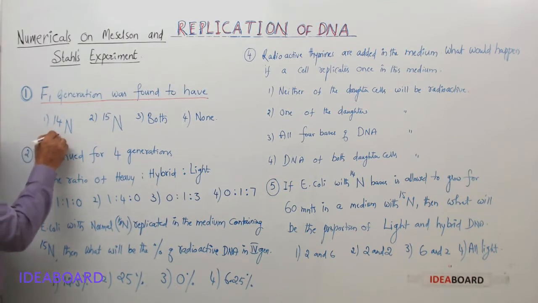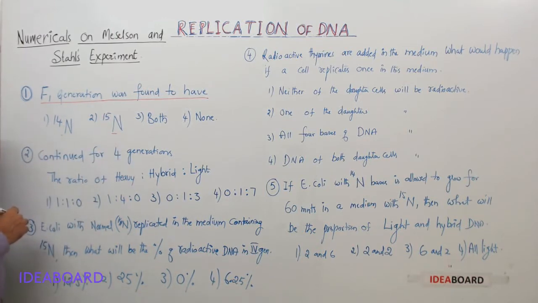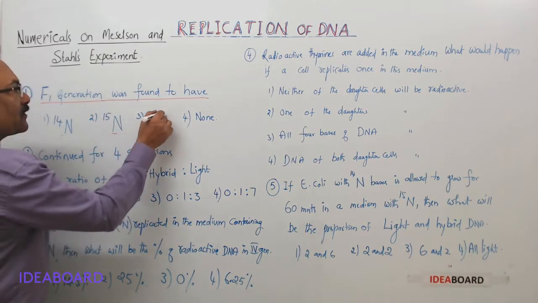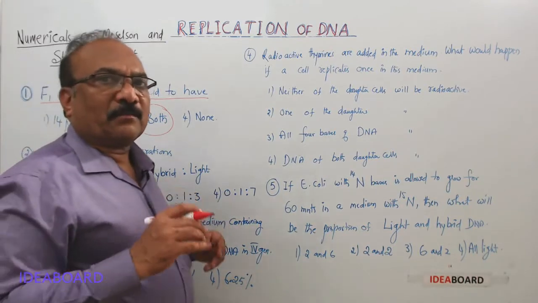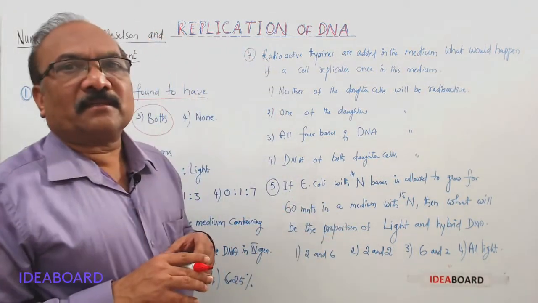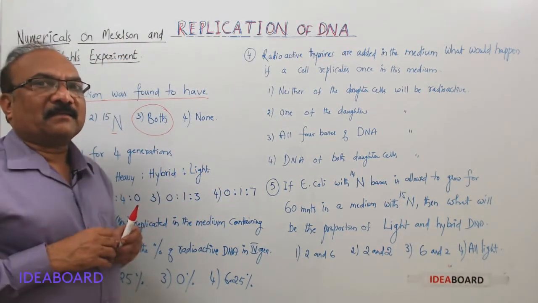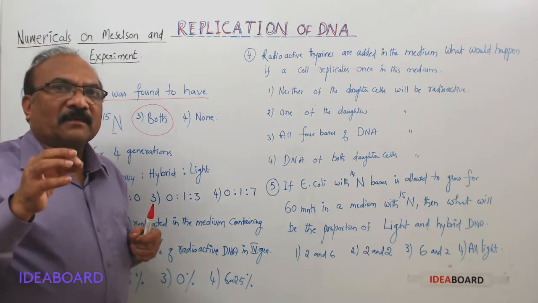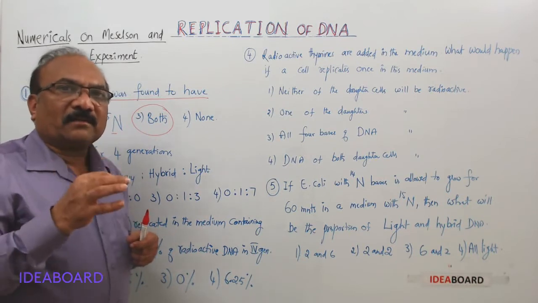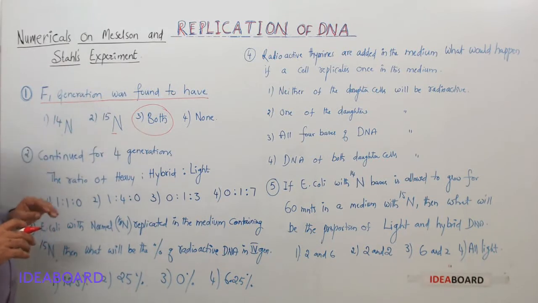Light DNA, or heavy DNA, or both DNA. So already I gave you one table, and we know that in the first generation all DNAs are hybrid. Hybrid DNA means it is with one N15 strand and one N14 strand. So both you will find. This is the first one.